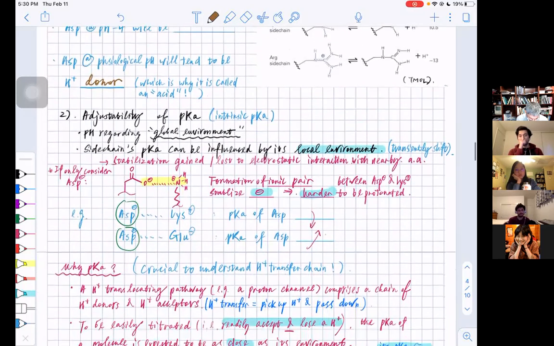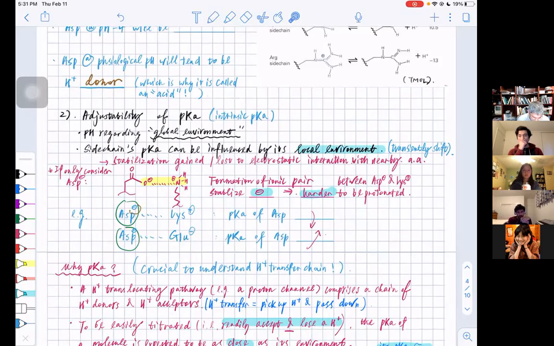For example, if you put a positively charged lysine nearby the negatively charged aspartate, the formation of the ionic pair will stabilize the negative charge on aspartate, making it less likely to be protonated.